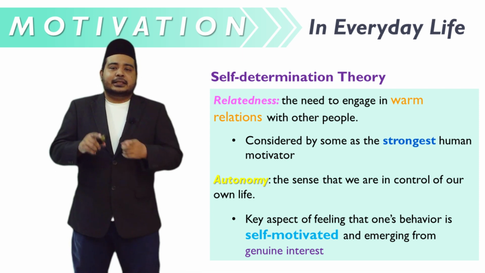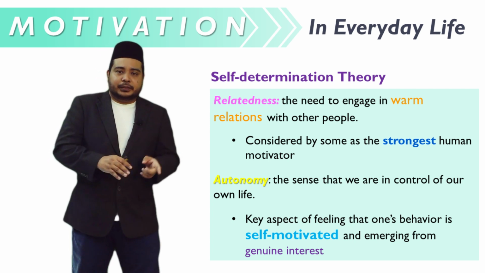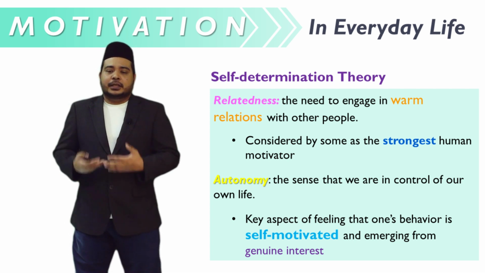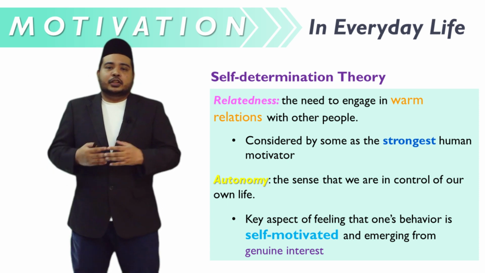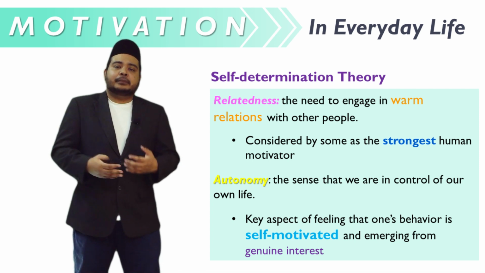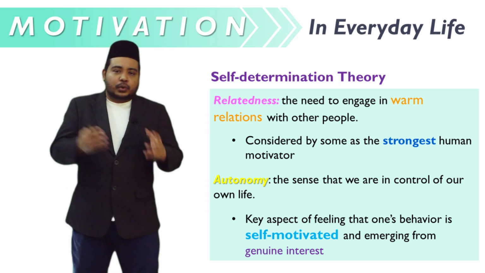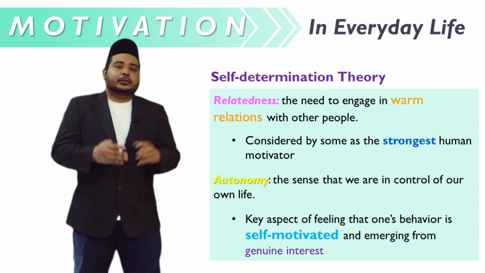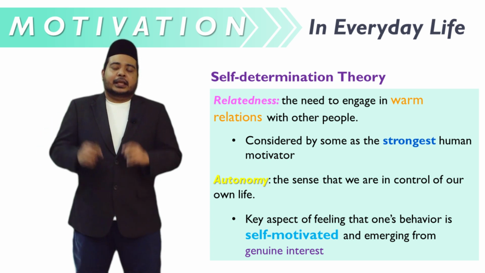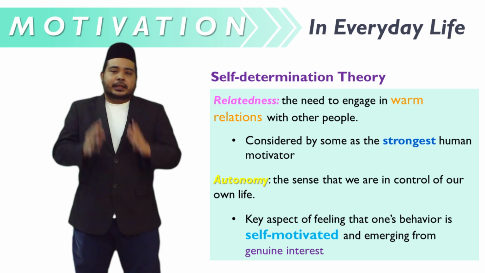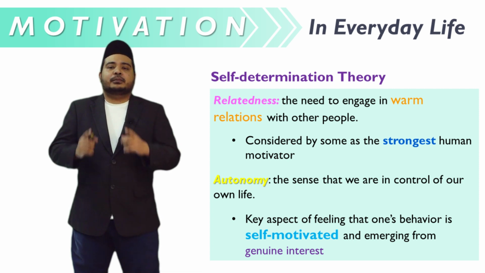Relatedness is the need to engage in warm relations with other people, the need to establish that we have life partners, intimate partners, and our own family. All of those are related to the second basic human need, which is relatedness. According to some psychologists, relatedness is considered the strongest human motivator.